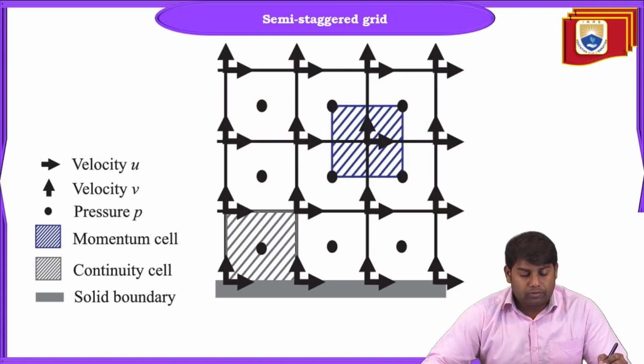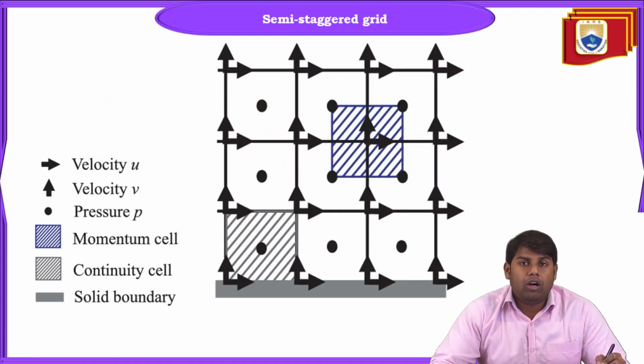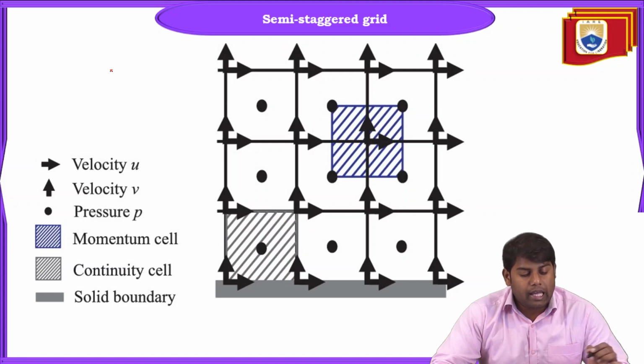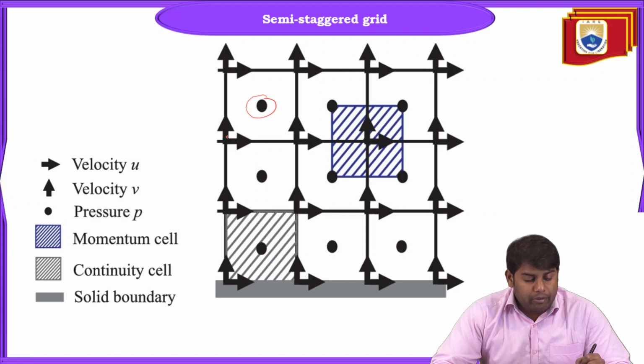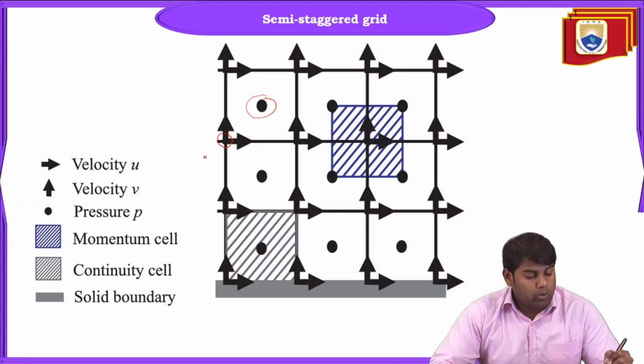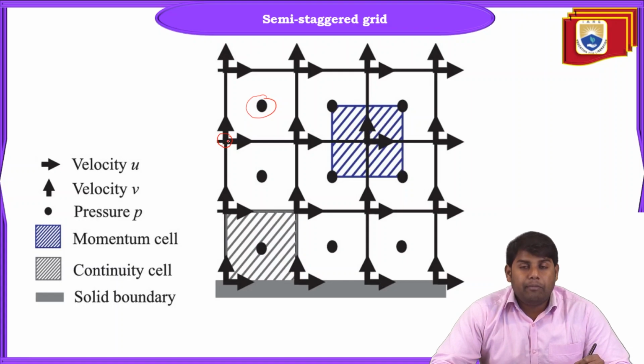Okay. Now we have one more grid arrangement which is called semi-staggered. In the semi-staggered, some variables are stored at the center of the cell, and the other variables are stored at the grid points. So you can see, at these grid points, here you have u velocity, here you have v velocity. Okay, and here we have scalars. Fine.